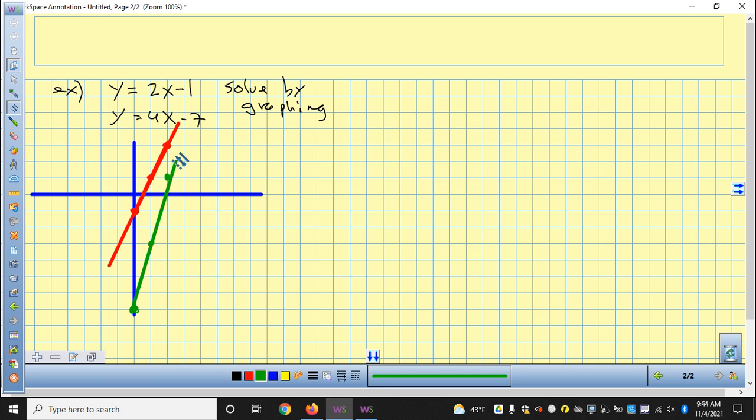So I'm going to graph that, like so. And I'm going to extend the red one a little bit, like so. And it looks to me like they cross right there. And that point would be 1, 2, 3, 1, 2, 3, 4, 5.